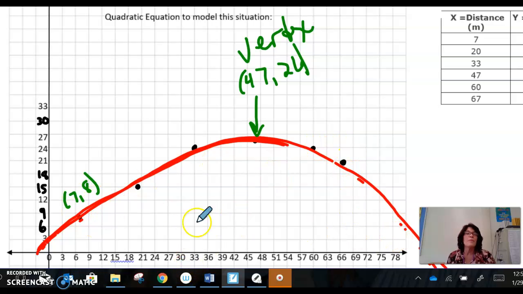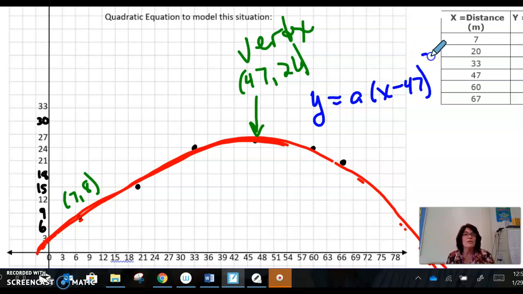So you want to pick a couple points. It's nice if you can find the vertex and then another point so that we can make the equation. Right now, my equation would be y equals a times (x minus 47) squared plus 26 because I have the vertex. I don't know what a is.